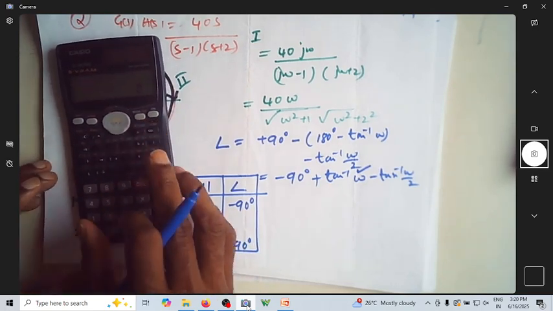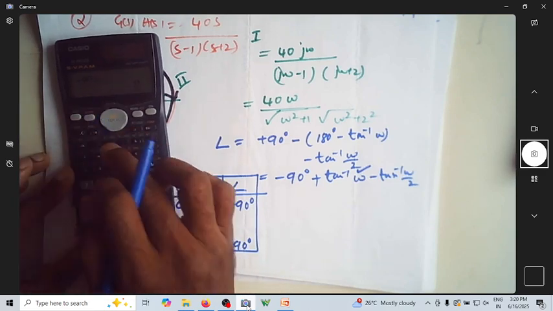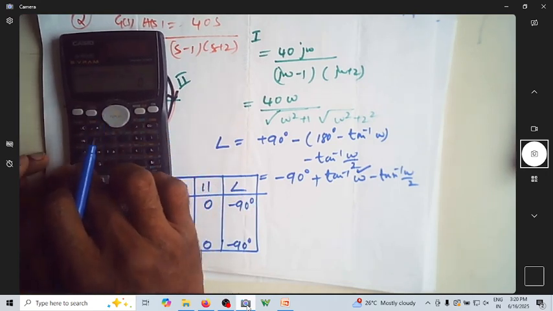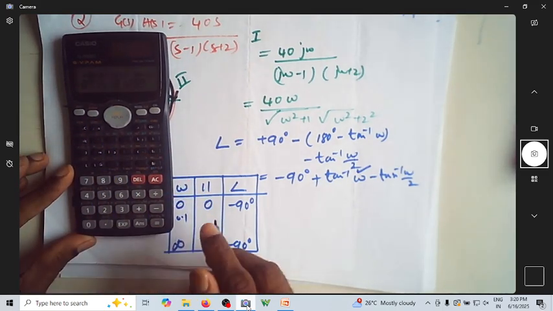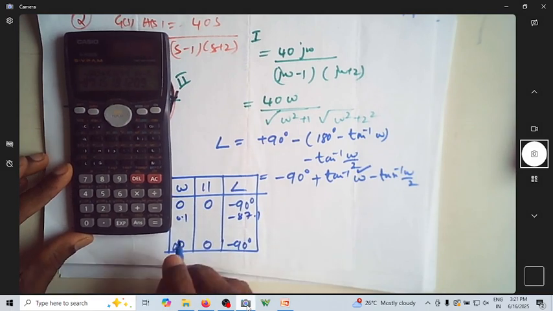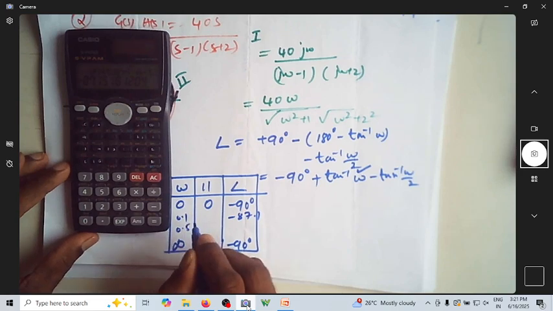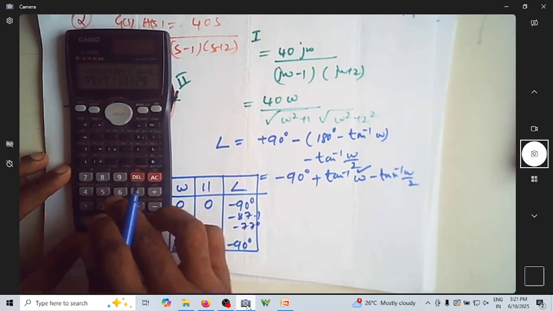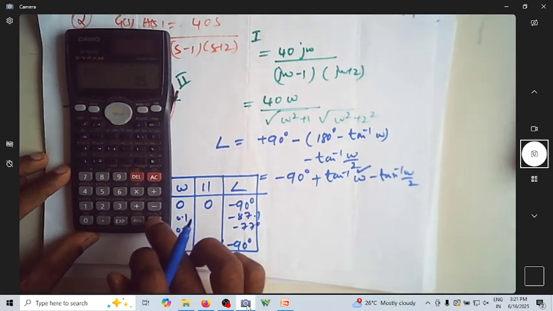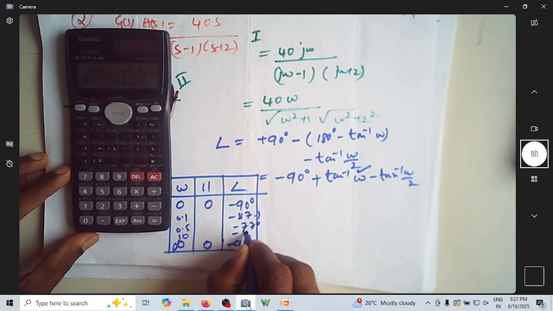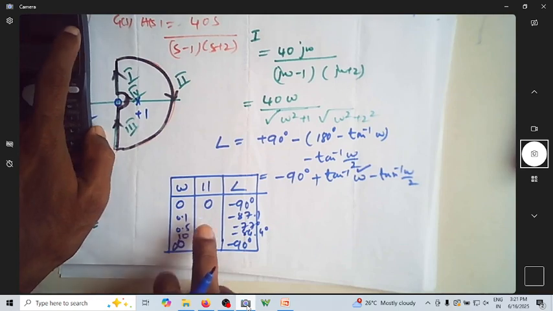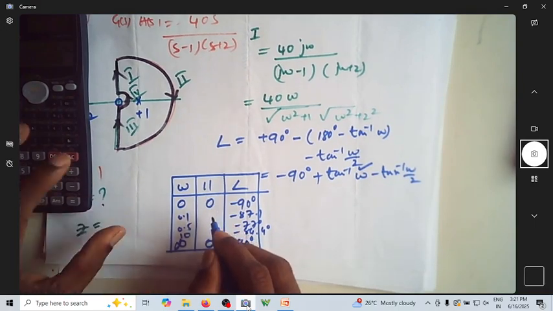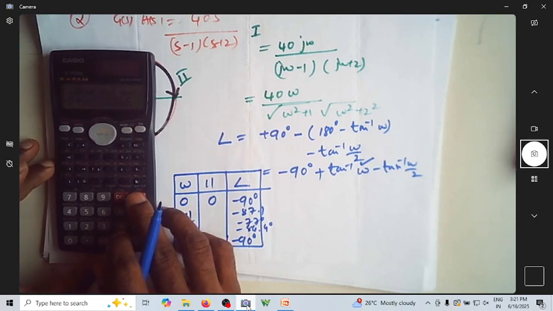So I take minus 90 plus tan inverse of α minus tan inverse of 0.5 α. Calculating for 0.1, it has become minus 87.1; for 0.5, it is minus 77 degrees; for 10, it is minus 84.4 degrees. You can see the angle slightly reduces and then again goes towards minus 90. You can also find the magnitude.